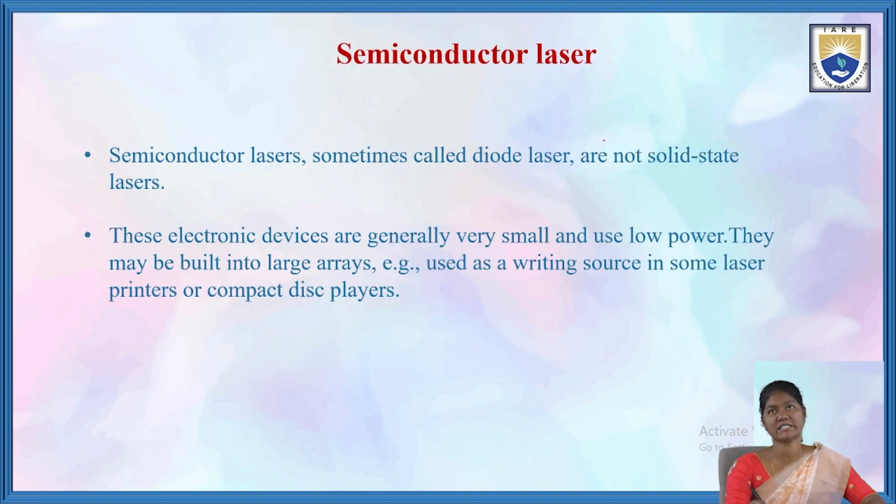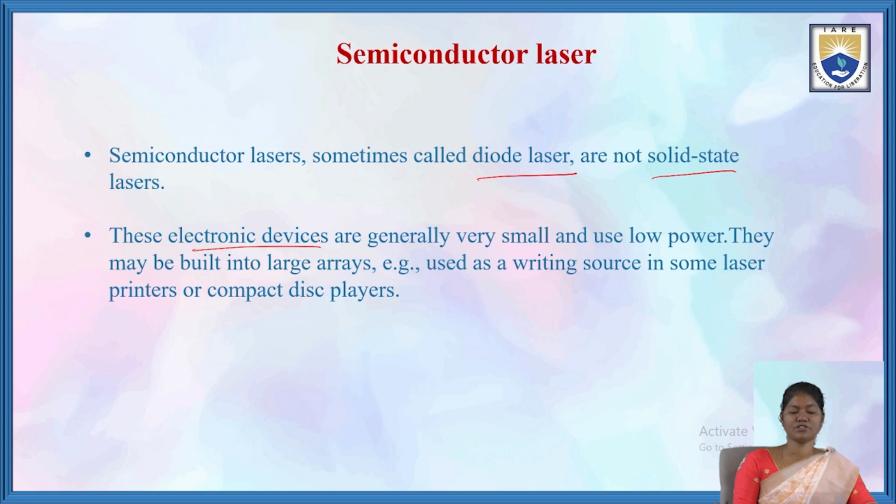Coming to the semiconductor laser, sometimes called a diode laser. They are not solid state lasers; they are different from the solid state laser. These electronic devices are generally very small and use low power.